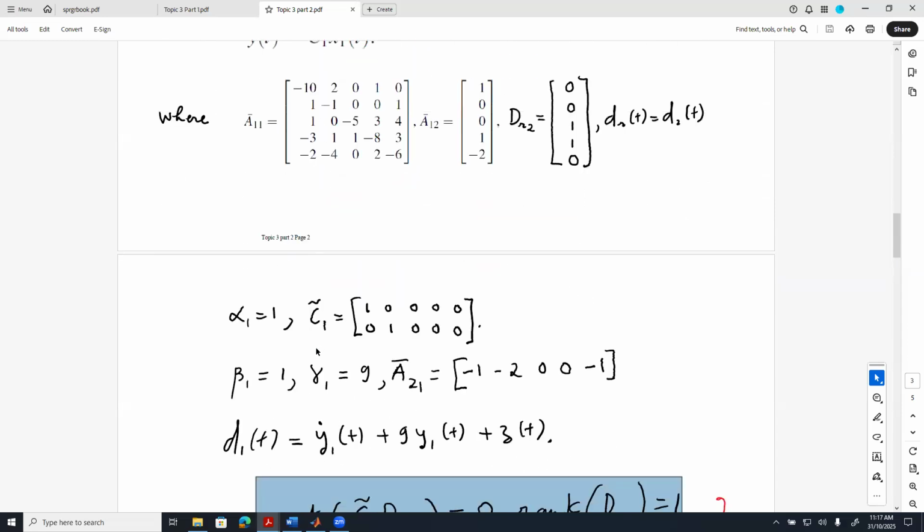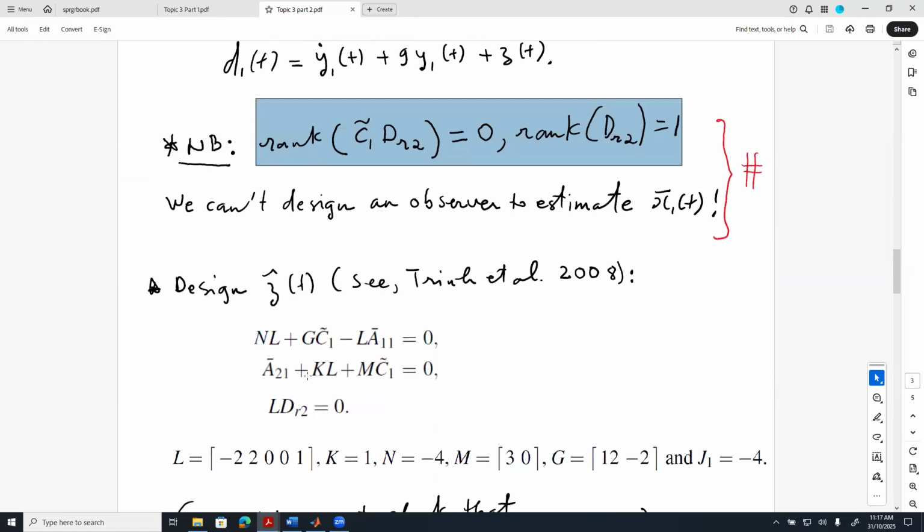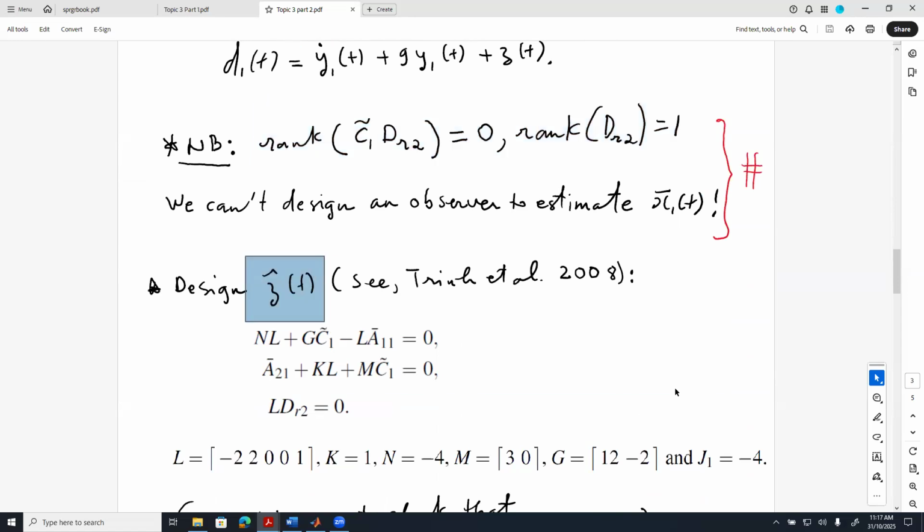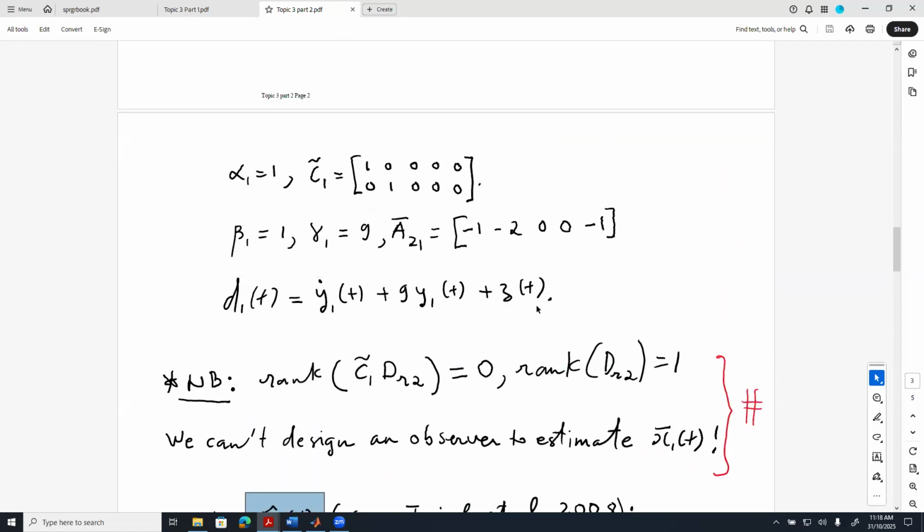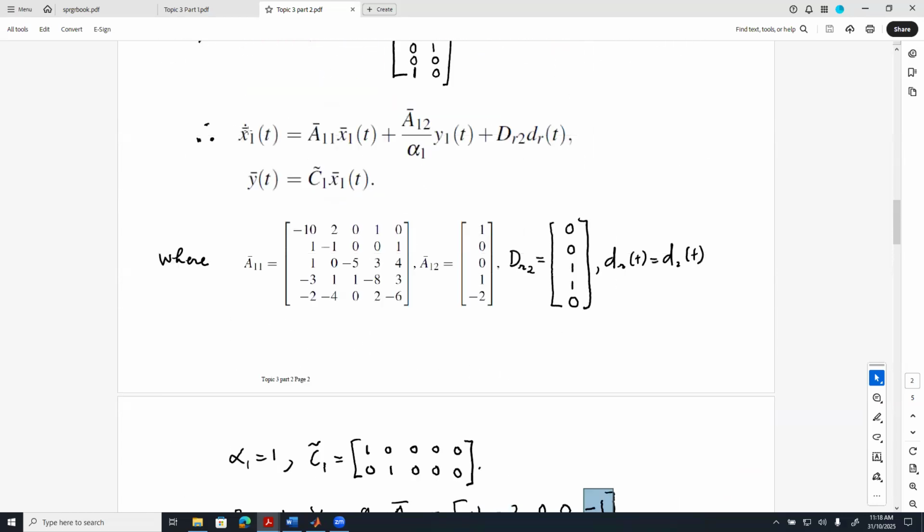All right. However, on the other hand, it is possible for us to design a functional observer to estimate this function here, which happens to be the last variable, because these two are the outputs, and this is basically the last variable of the vector x bar 1 of t.